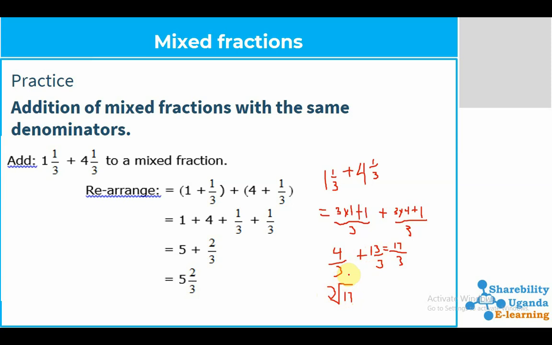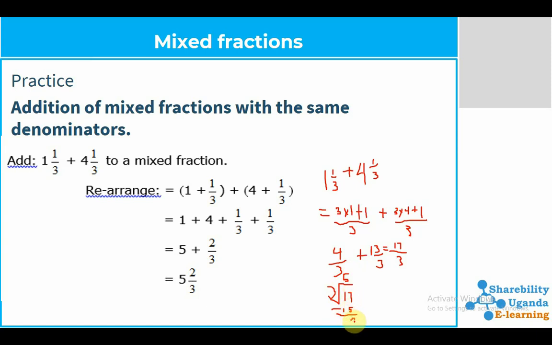Okay, let's take 5. We get 5. What is 5 times 3? We get 15. So here we subtract and see the remainder. What is 17 minus 15?